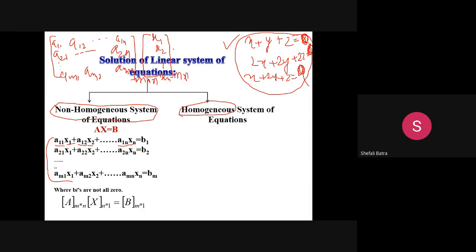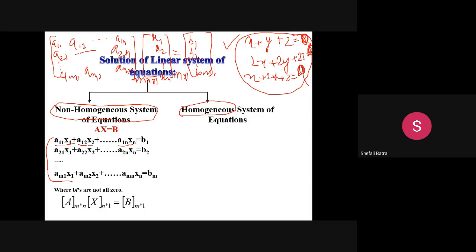So now when you read it out and multiply, a11 x1 plus a12 x2 plus a13 x3, likewise a1n into xn is equal to, so right hand side again a column matrix with b1, b2 up to bm. And what is the order?